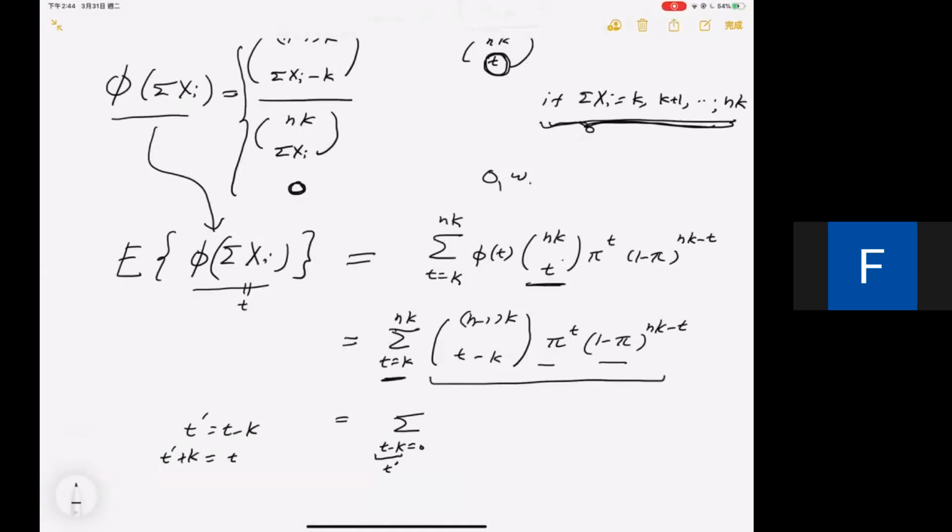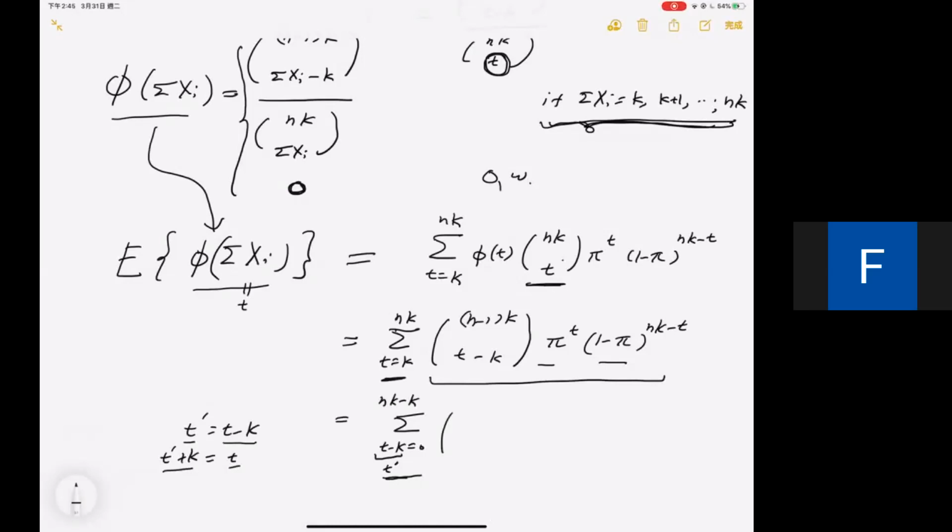So that means, if I do that, t minus k equals 0 up to nk, which means t prime goes from 0 up to what? nk minus k, I think. And then every t minus k becomes t prime, or t equals t prime plus k.